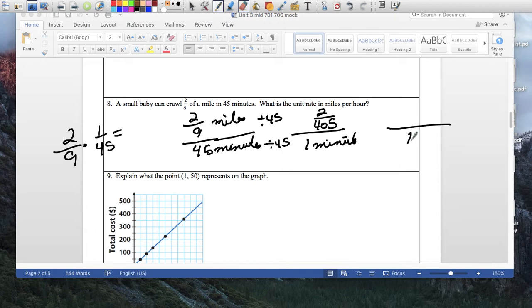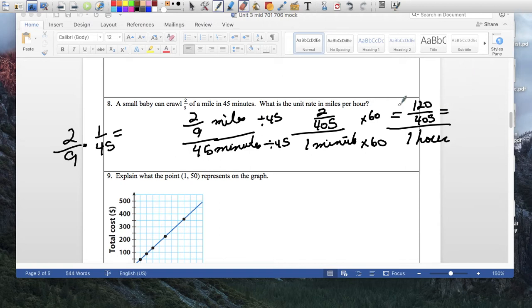Now you want to change it to an hour, so multiply by 60, because 1 minute times 60 is 1 hour. So I would get 120 over 405, which you can definitely simplify.